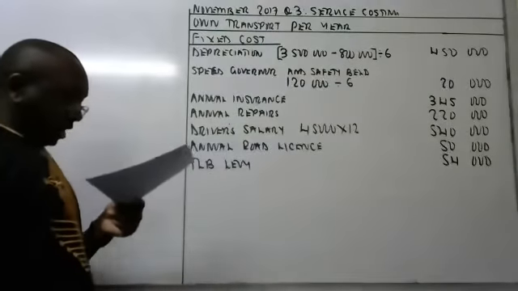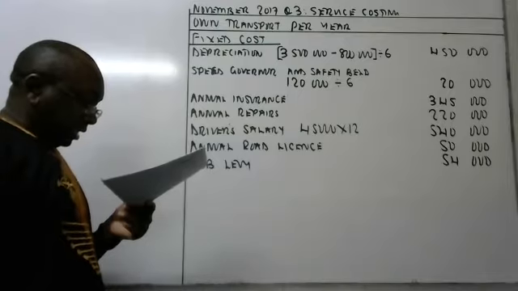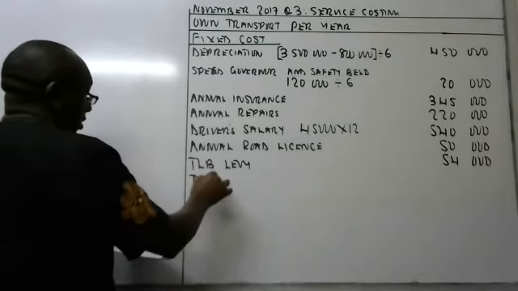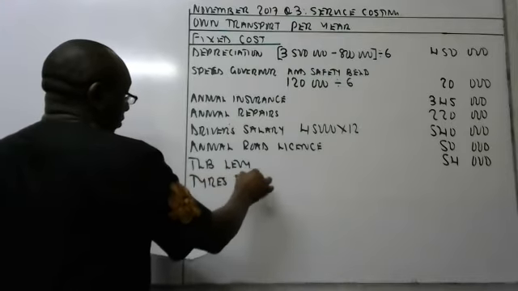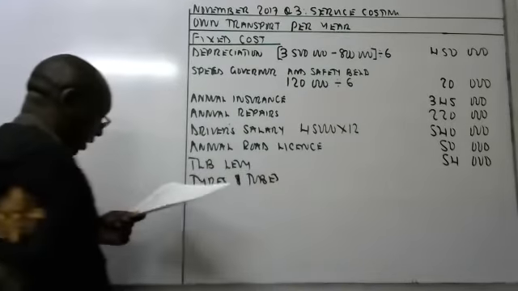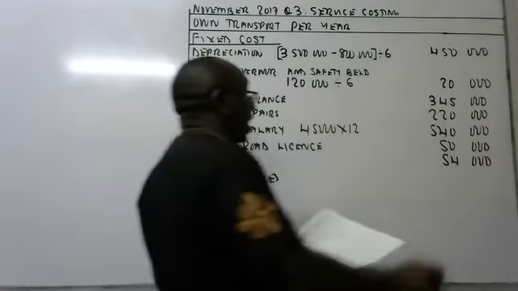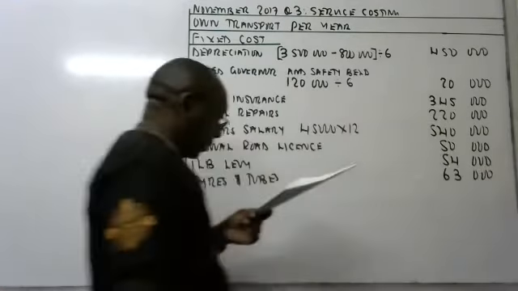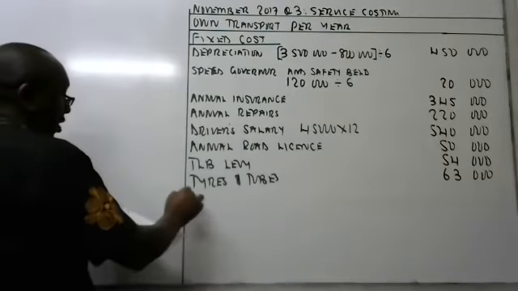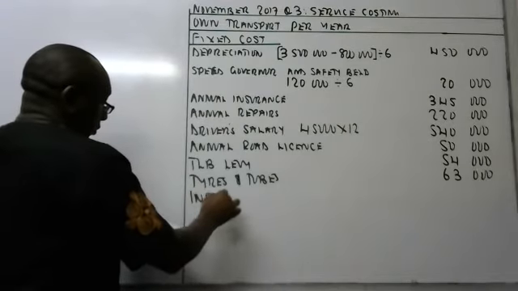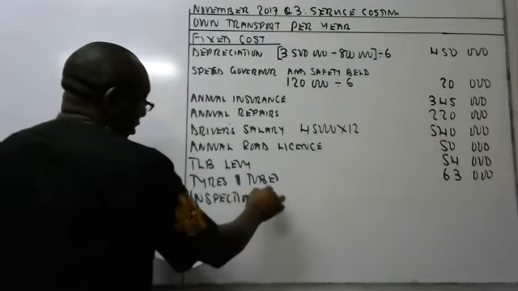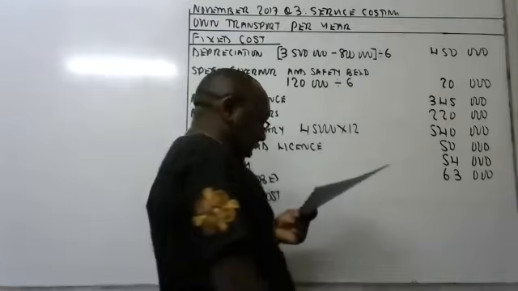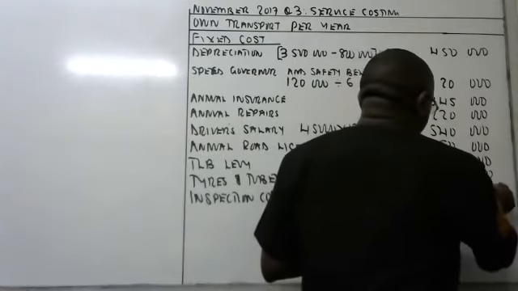Scrap value, that one we already have dealt with. Tires and tubes expenditure is 63,000. There is inspection cost. Inspection costs, which is also a fixed cost of 5,000.